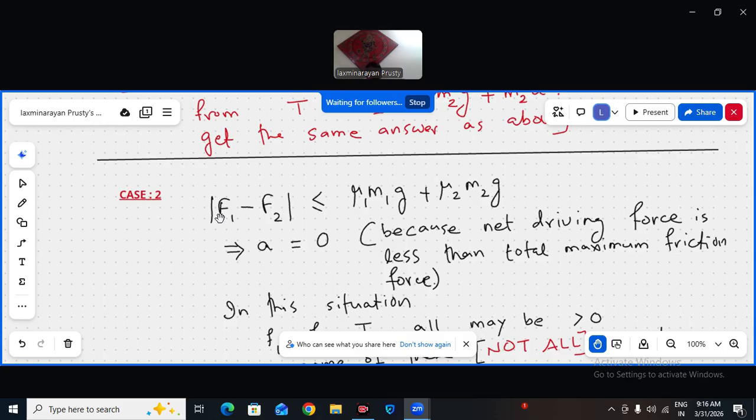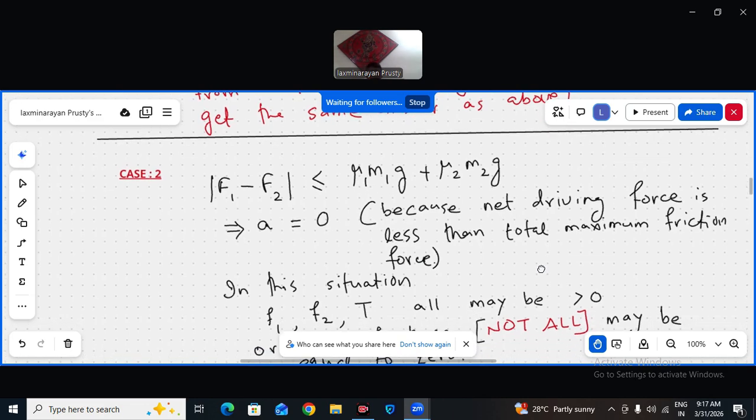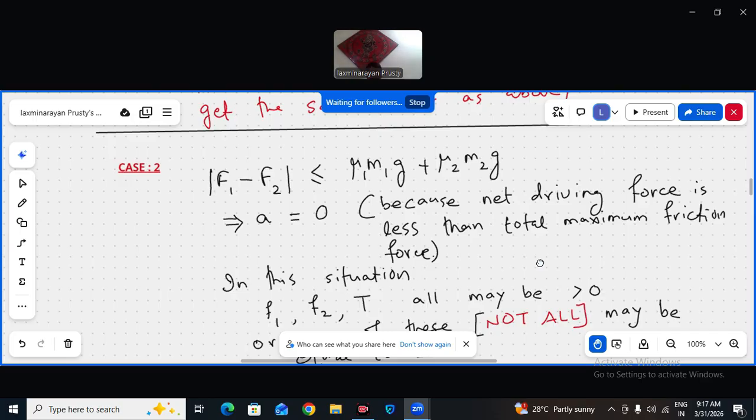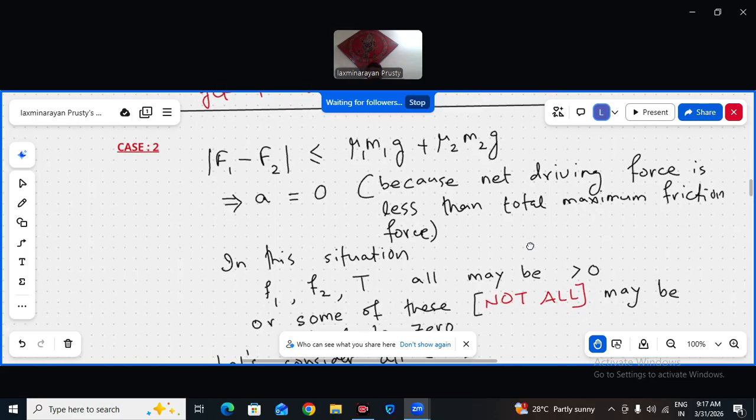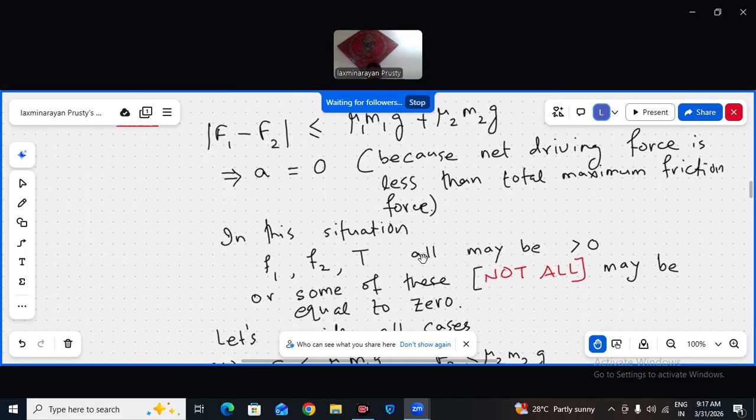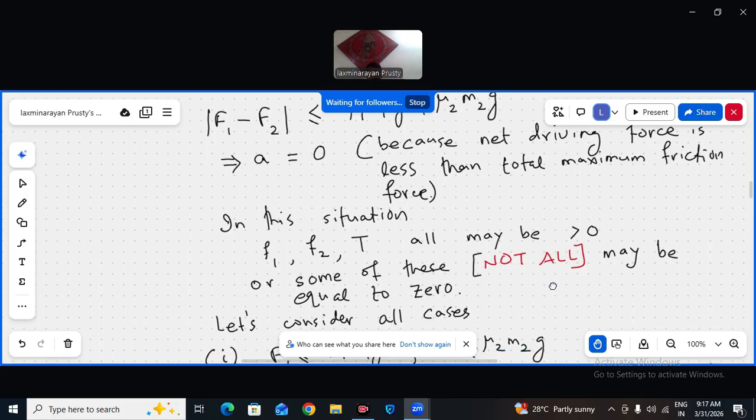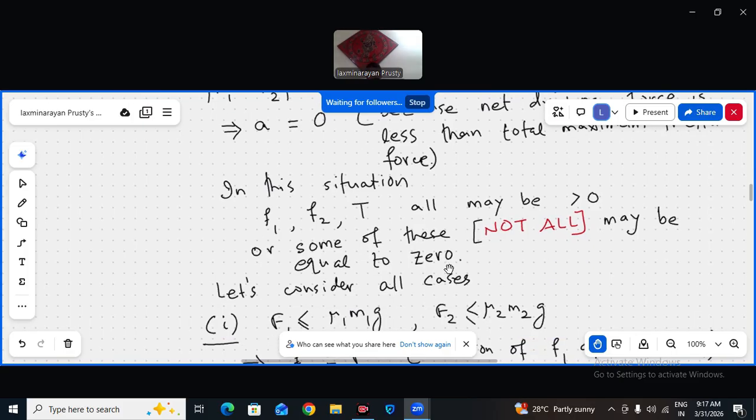F1 minus F2 magnitude, either to the right or to the left, is less than sum of maximum friction forces. Then there will be zero acceleration because net driving force is less than the total maximum friction force. In this case, F1, F2, T all may be greater than 0, even with acceleration 0, or some of these, but not all, may be equal to 0.